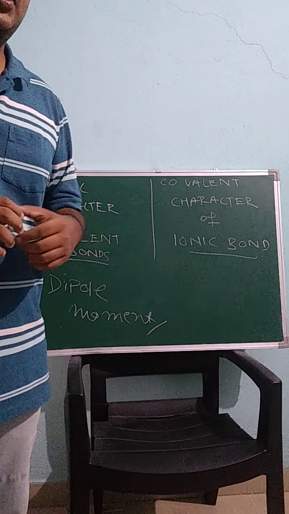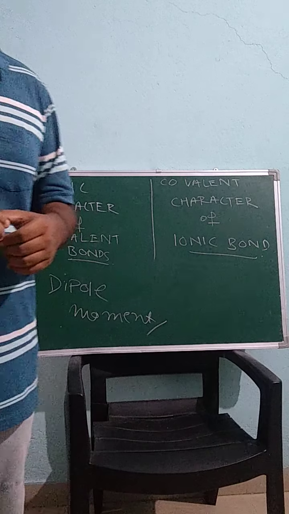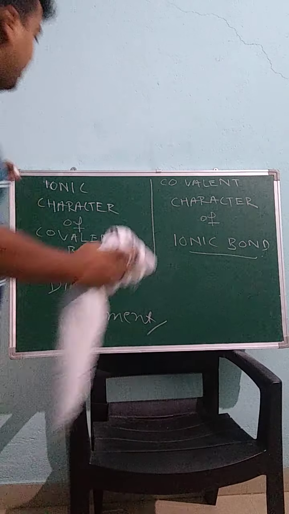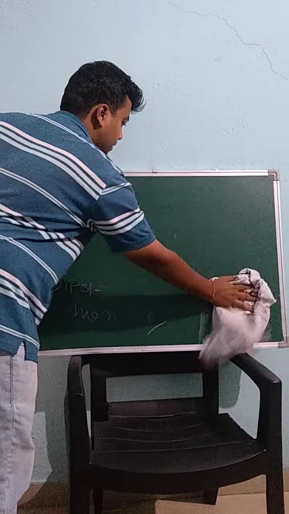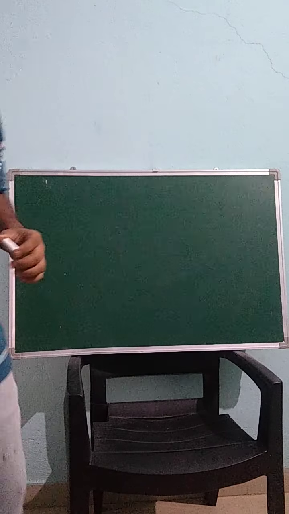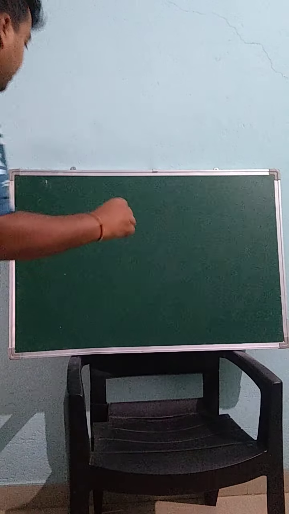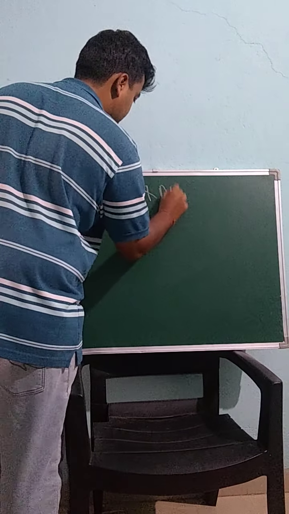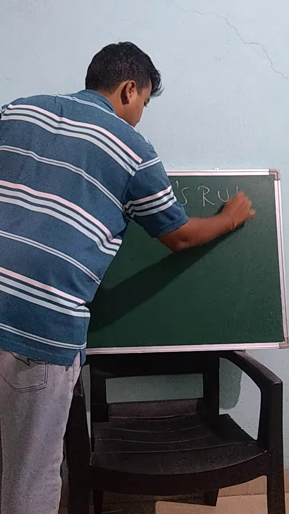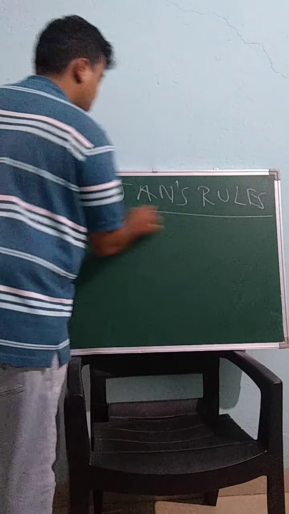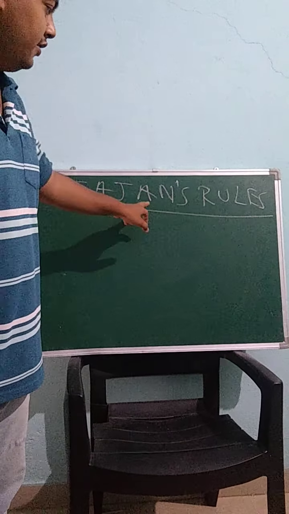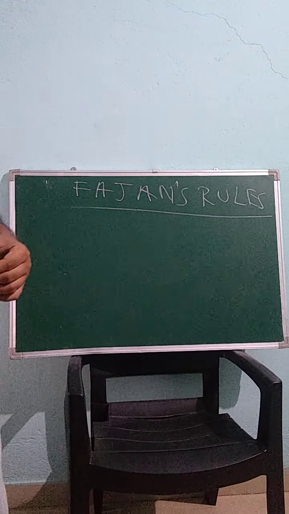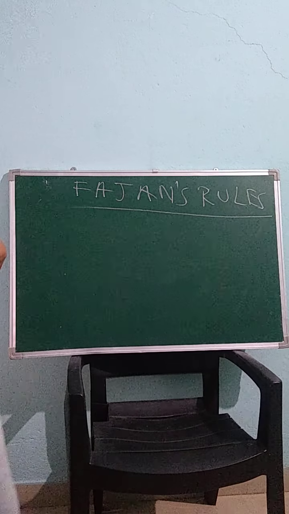Now we will see some of the rules to identify the covalent character of an ionic bond. The scientist named Fajan has given the rules for finding out the covalent character of an ionic bond, so it is known as Fajan's rule. Fajan is the name of a scientist who came up with some rules to help identify the covalent character of ionic bonds.